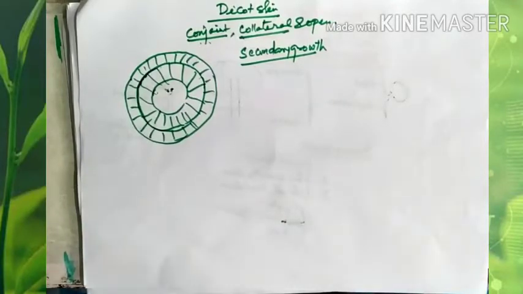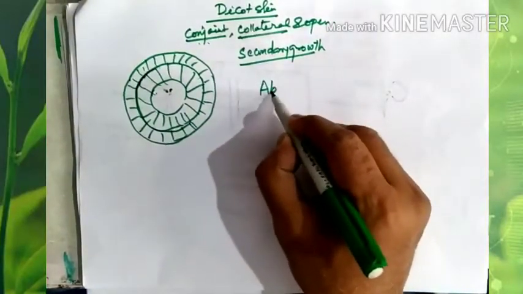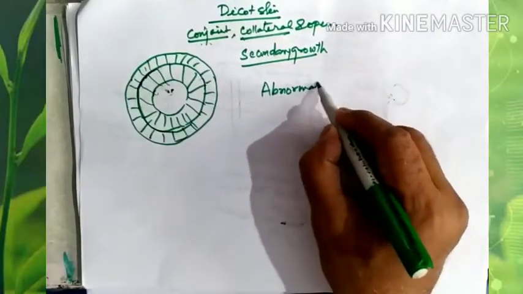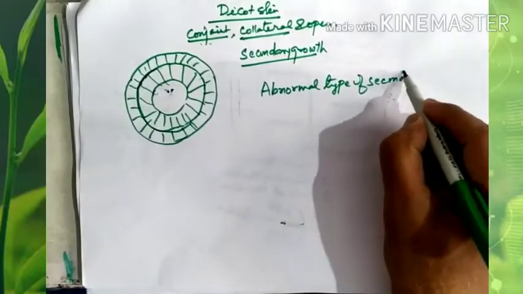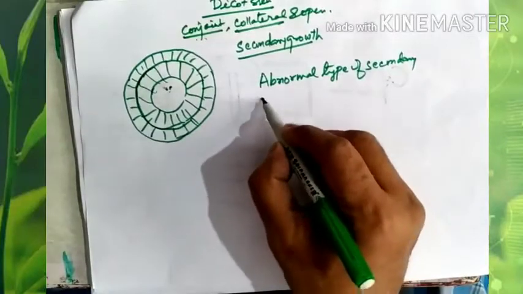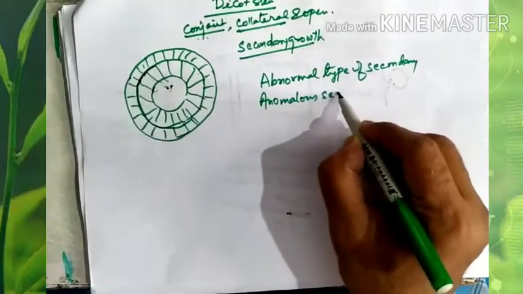Sometimes the cambium is also broken into strips and its activity becomes abnormal. So there are variations in the abnormality, and hence this type of secondary growth is, in simple words, an abnormal type of secondary growth, which is also known as the anomalous secondary growth.